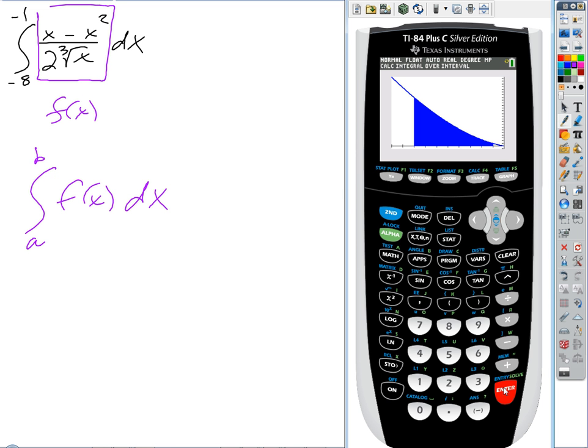Lower limit. That looks good. Okay. Upper limit. Oh, see your X max, you have to go to the cursor.